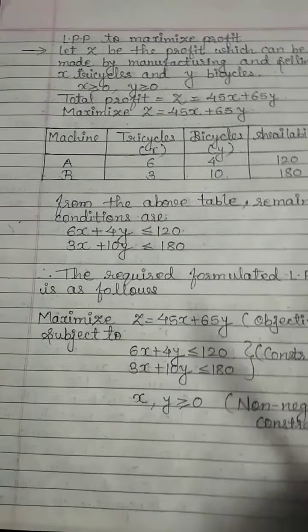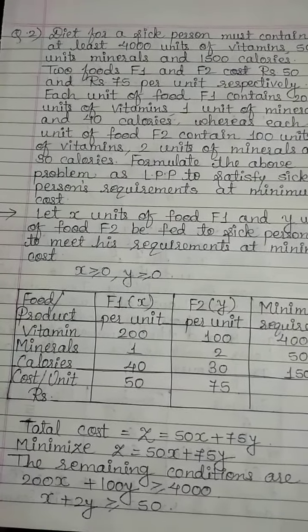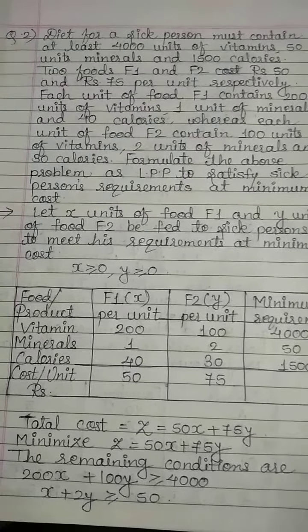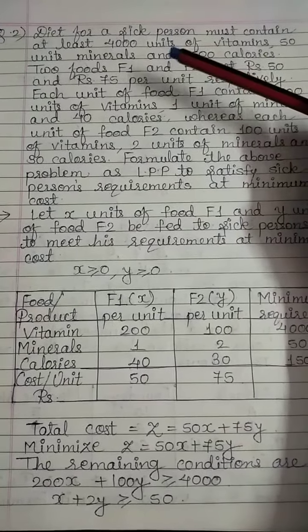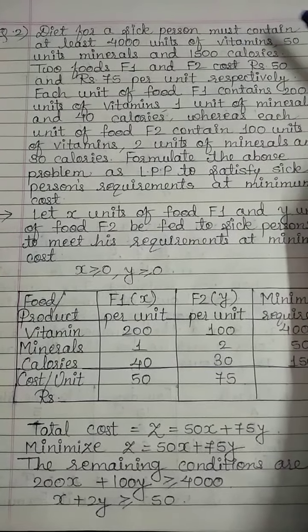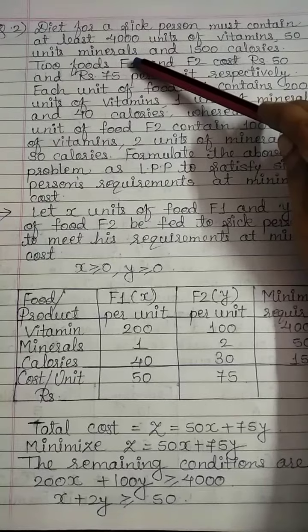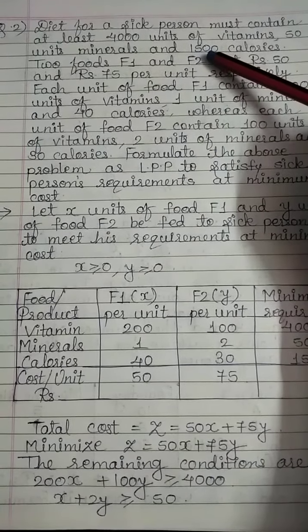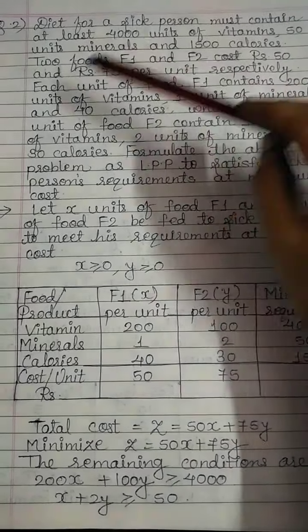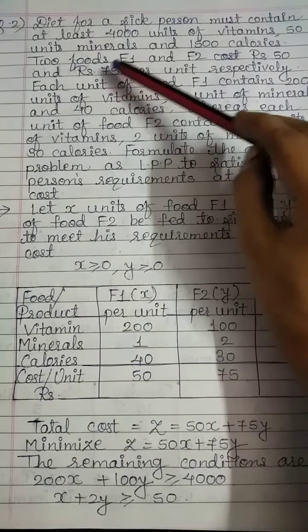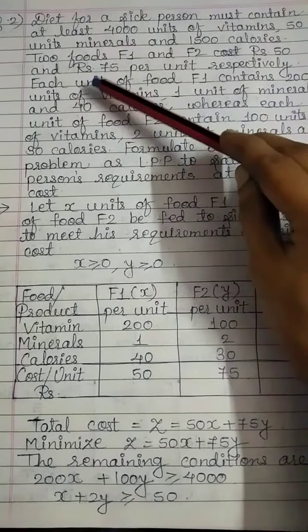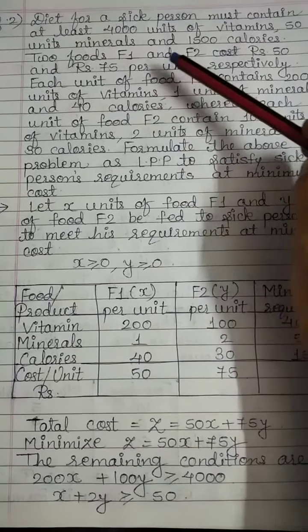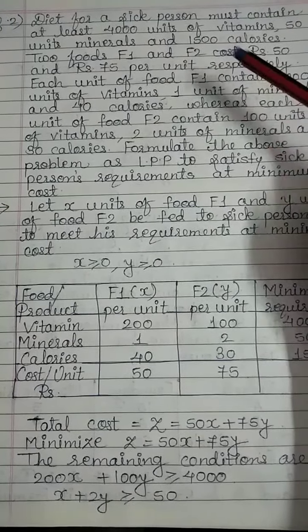Now we will consider the second question. A diet for a sick person must contain at least 4000 units of vitamins, 50 units of minerals and 1500 calories. Two foods F1 and F2 cost rupees 50 and rupees 75 per unit respectively.